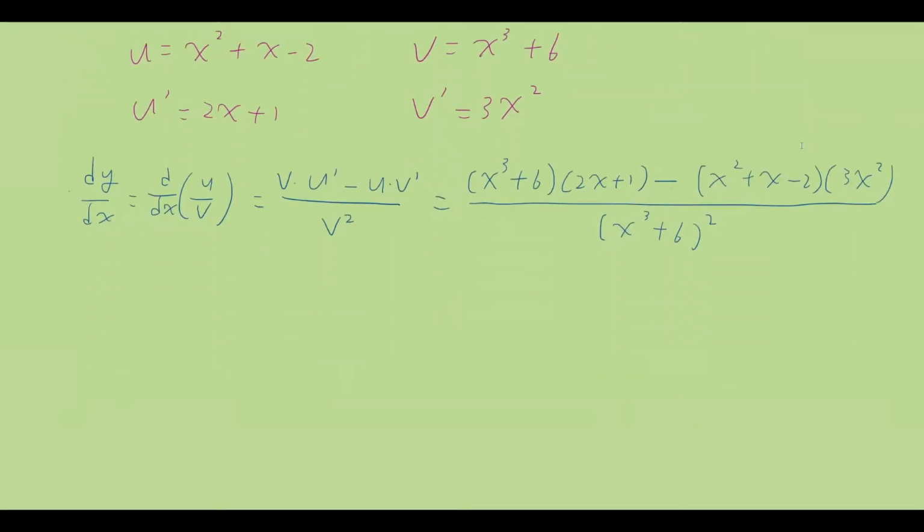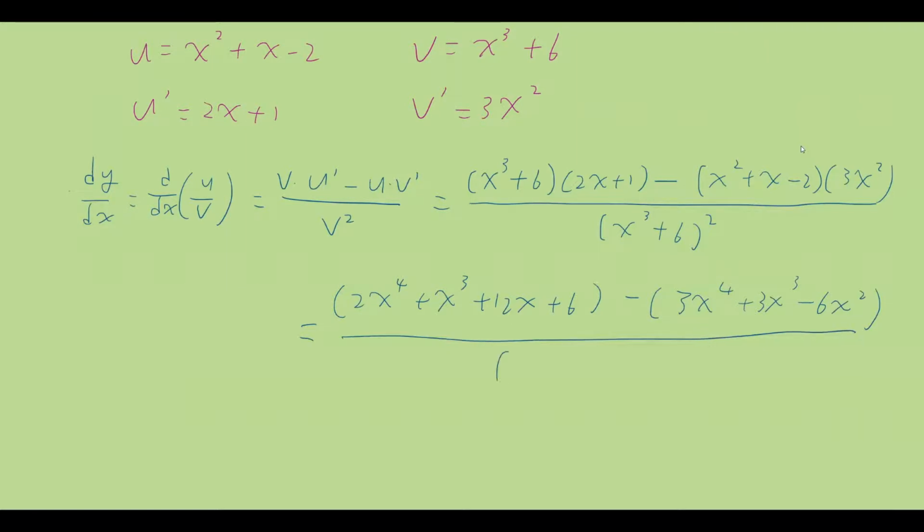Now of course we can clean this up a little bit and see what we have. So FOIL it out, we get 2x to the 4th plus x cubed plus 12x plus 6 minus 3x to the 4th plus 3x cubed minus 6x squared, and all over x cubed plus 6 quantity squared.